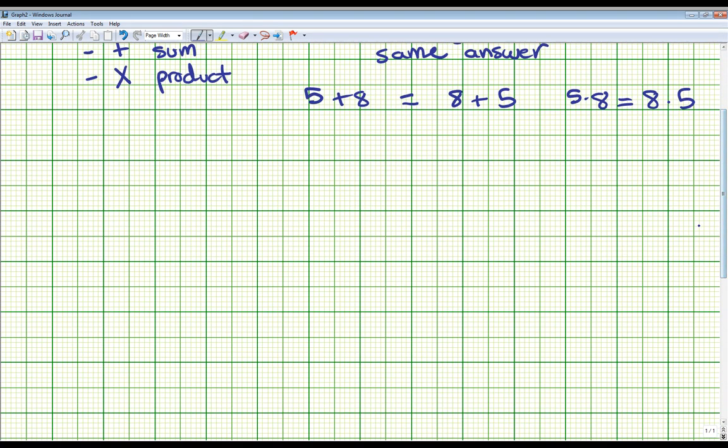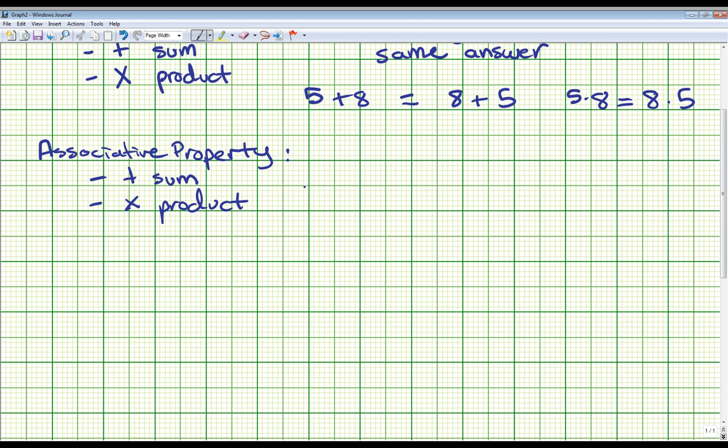Your next property is the associative property. And very similar to the commutative, this will work with when you're adding or finding the sum of something, and when you're multiplying or finding the product of something. So what does the associative property say?